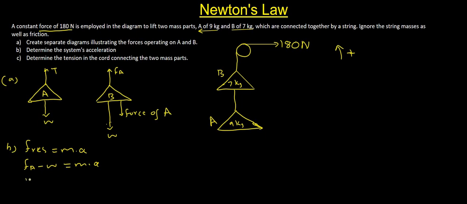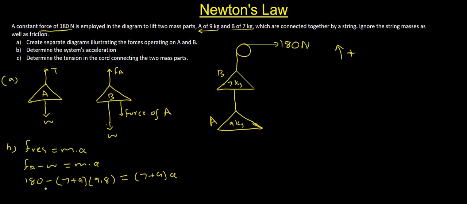Our applied force is 180 minus our weight, which is the sum of all the masses, 7 plus 9, multiplied by the gravitational acceleration, which is 9,8, will be equal to the masses, 7 plus 9, multiplied by the acceleration.